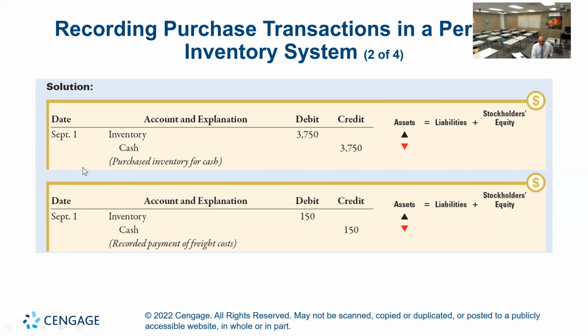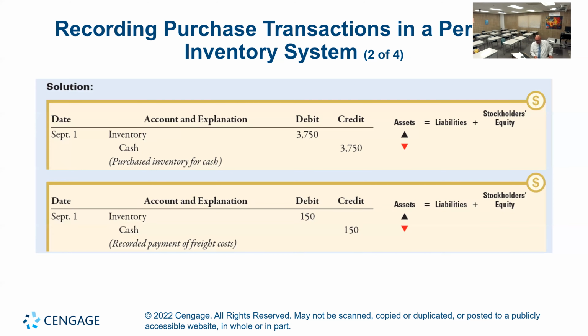First, on September 1st, we had the purchase of $3,750. That goes into inventory. Okay. It said we purchased it for cash, so we credit our cash account. If, for example, those were purchased on account, we would make that in accounts payable.